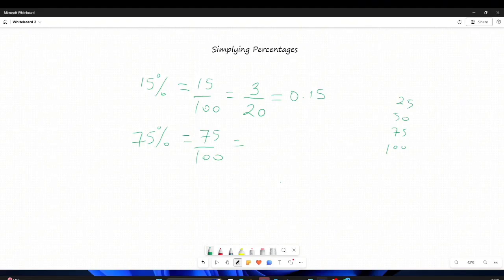And 25 times what number gives you 75? 25 times 3. And 25 times what number gives you 100, and that is 4. So it means 75% is the same as 3/4, and that as a decimal will be 0.75. So that is how you simplify percentages into a fraction, or that is how you can express percentages as a decimal.